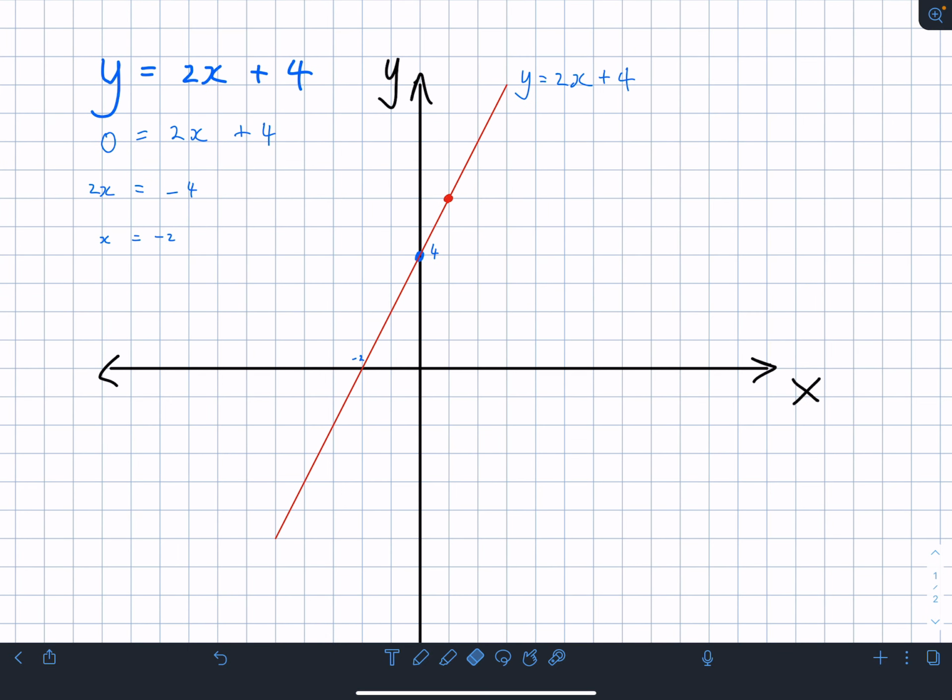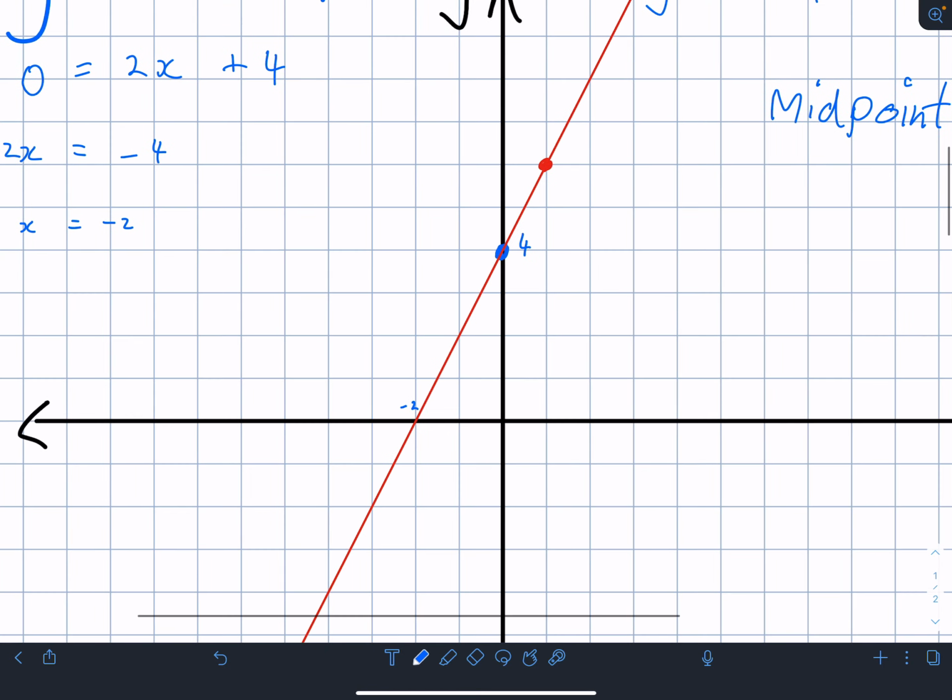Next, we want to find the midpoint. We're going to find the midpoint of this line segment here. So the midpoint is the middle point. Graphically we can see that the middle point is there, and that's when x is -1 and y is 2.